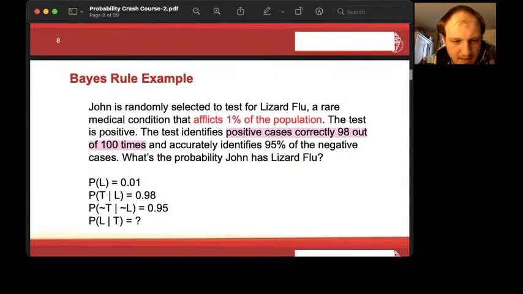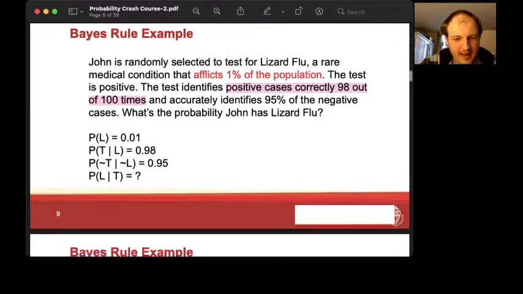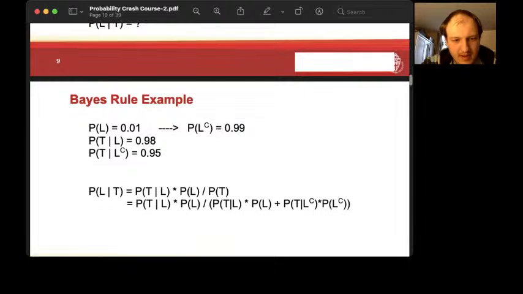From here we can directly apply Bayes rule.